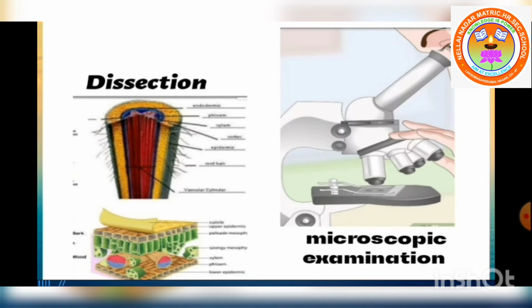Dis means apart, section to cut. These two come together to form the definition of dissection, to cut apart.